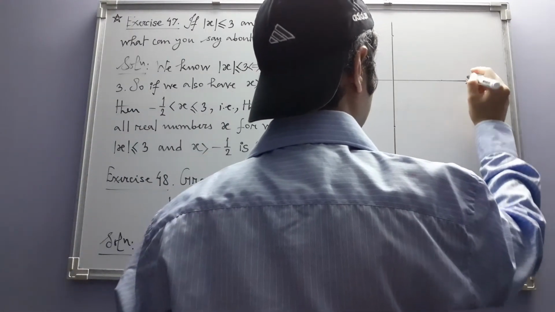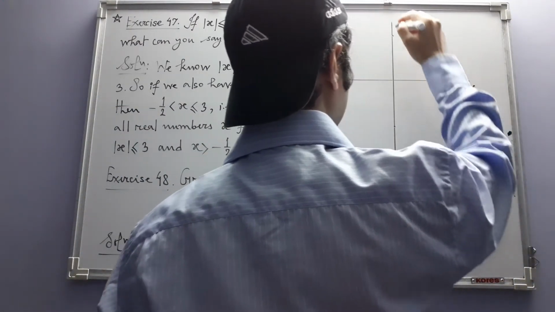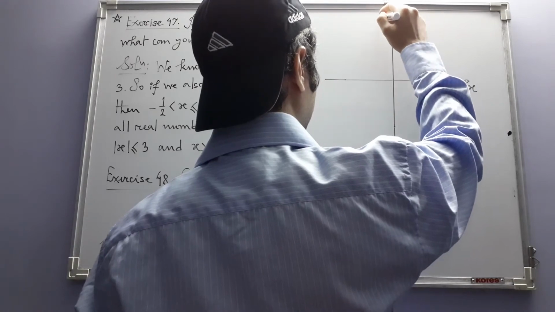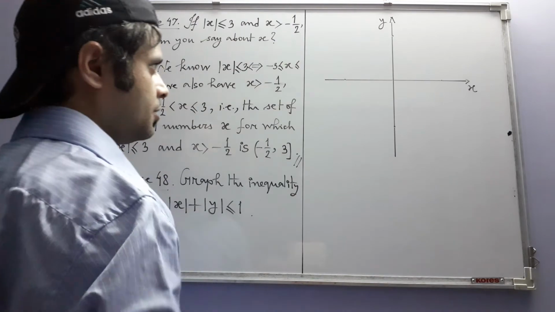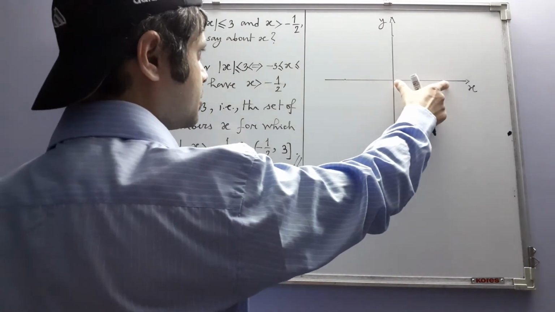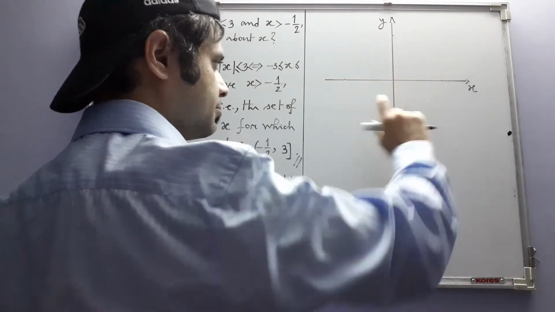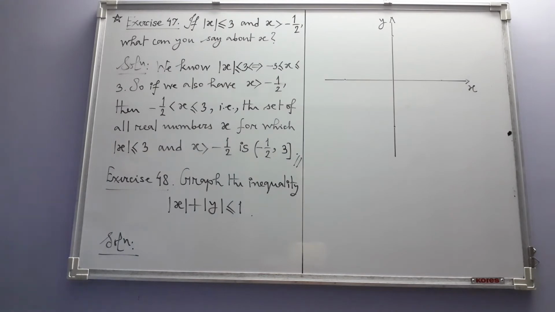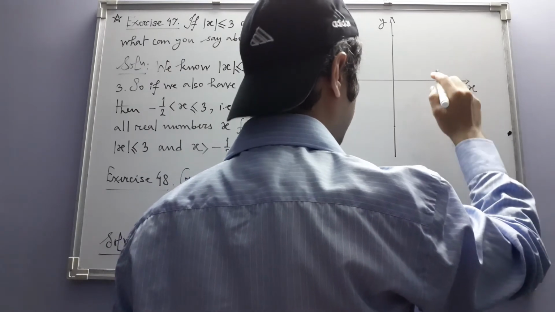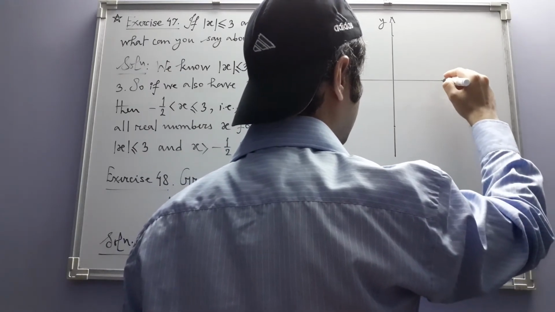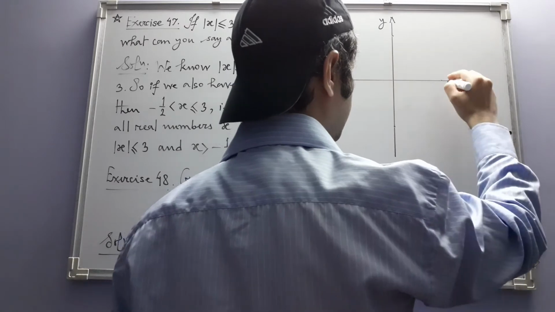Okay, so this is the positive direction of the x-axis, this is the positive direction of the y-axis. This is the origin, this is 1 unit length. Okay, so we can in fact say what the coordinates of these 4 points are.